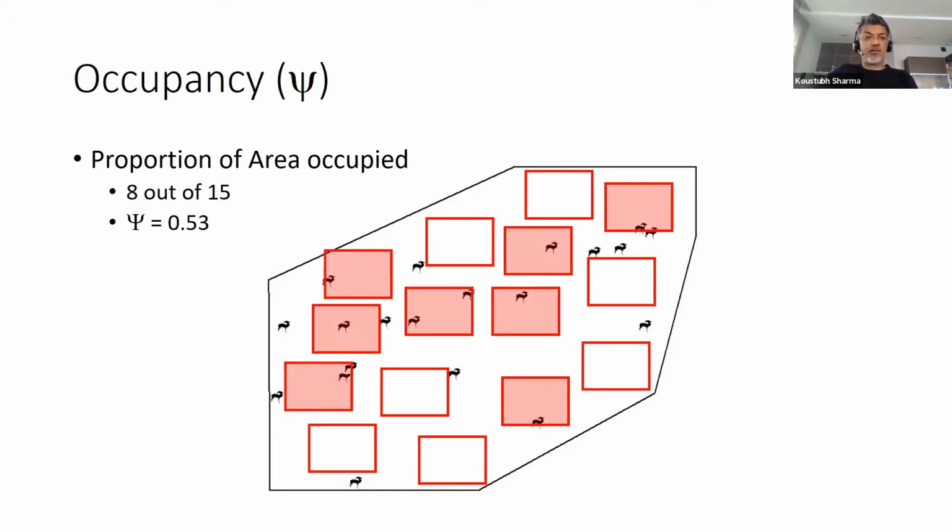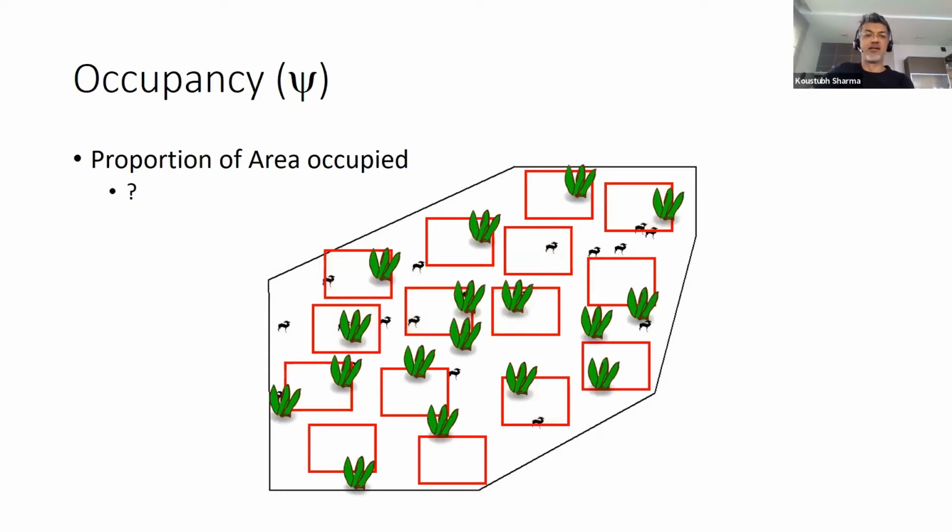Okay, now again, 8 out of 15, psi comes to 0.53. Fair enough, straightforward. But the problem is the wilderness or habitats are not like a football ground where you can just go and count, or fly over it and make a quick head count. They're not like our barn where you might have 15 goats walking around and you just calculate them.